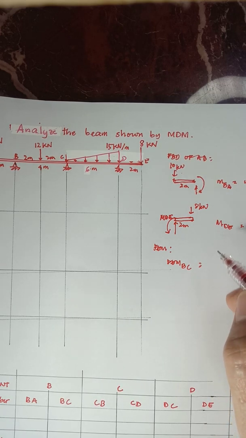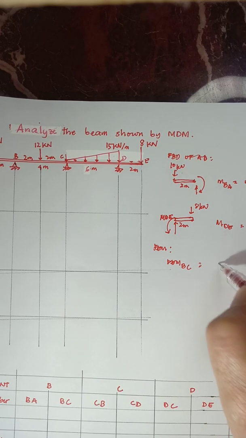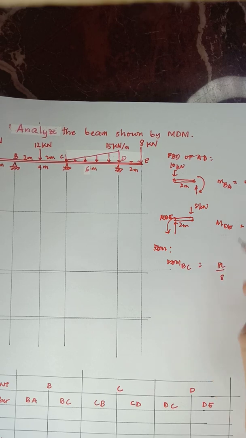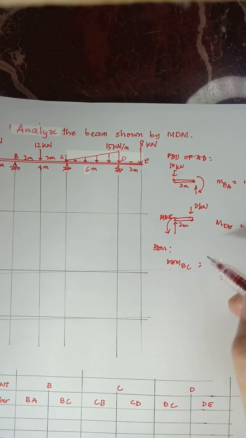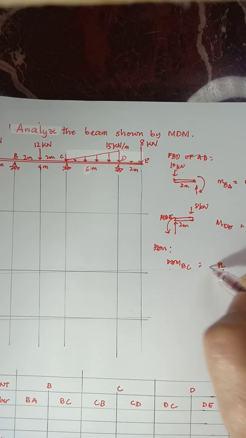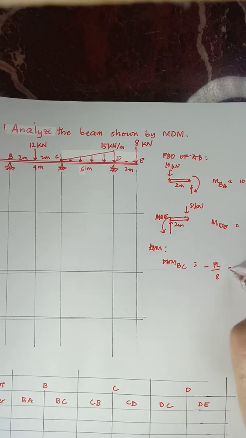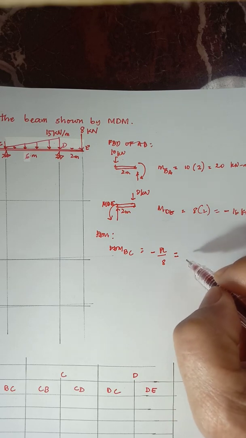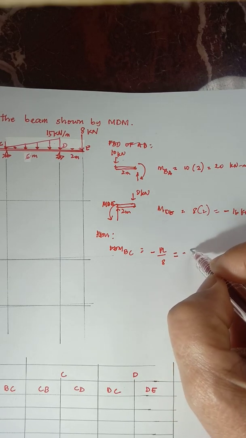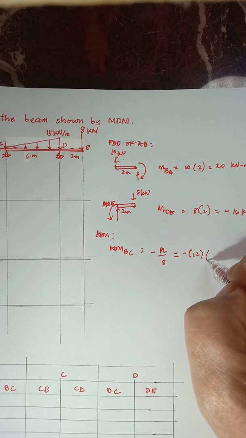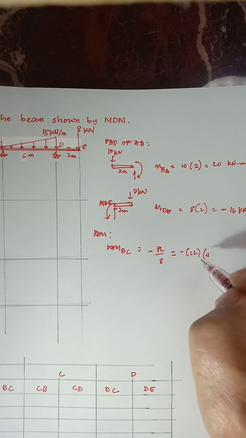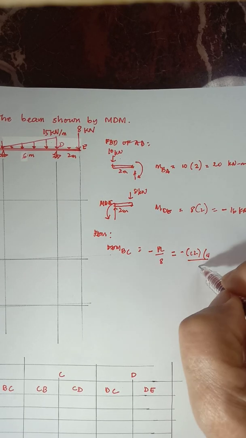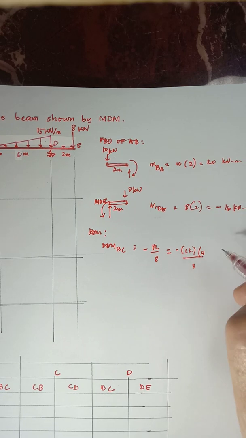My formula is PL over 8. But since in BC the direction of the moment is counterclockwise, you have a negative sign. So negative P, where P is 12 and the length is 4, over 8, and this is equal to negative 6 kilonewton meter.